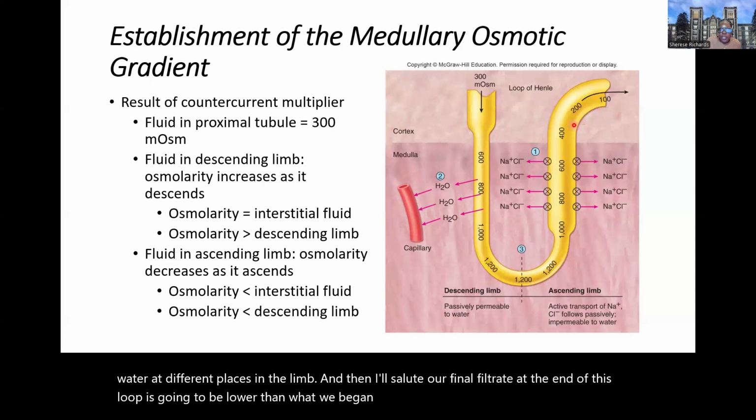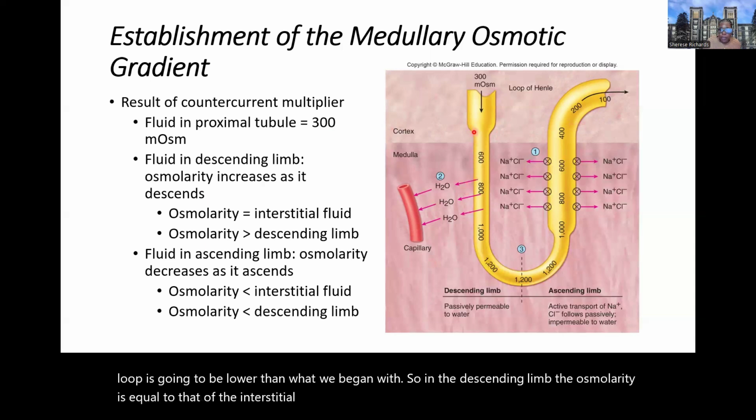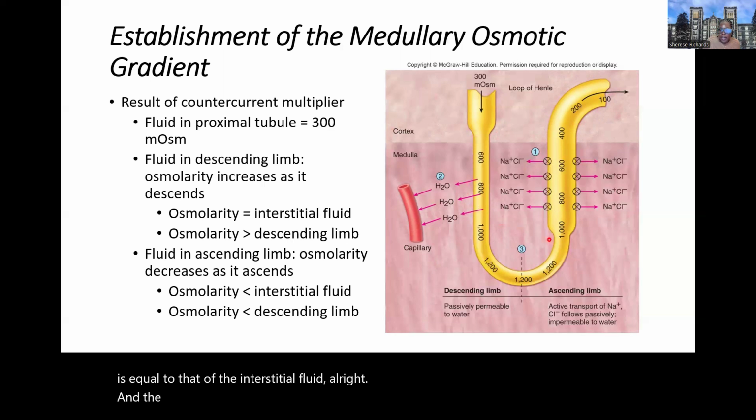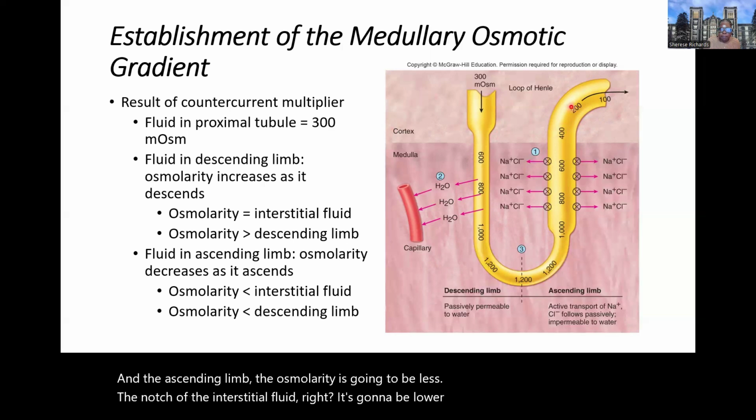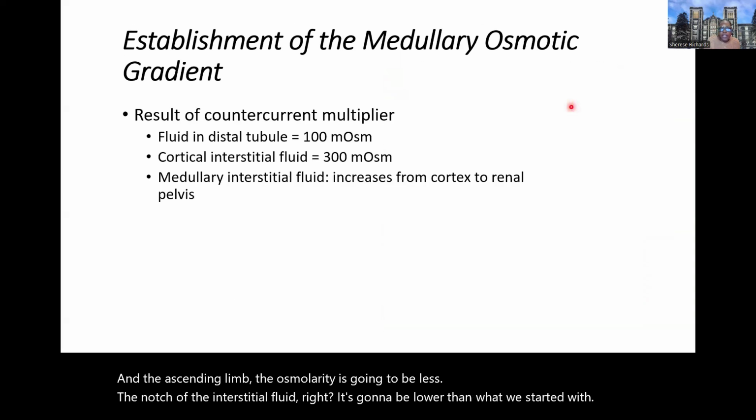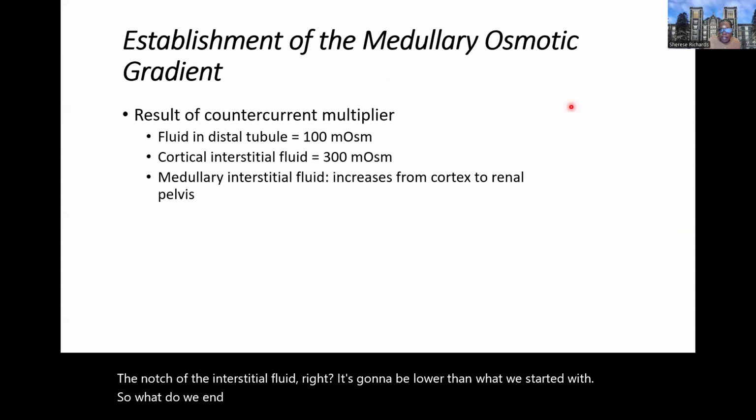In the descending limb, the osmolarity is equal to that of the interstitial fluid. In the ascending limb, the osmolarity is going to be less than that of the interstitial fluid. It's going to be lower than what we started with. So what do we end up with at the end of that mechanism?